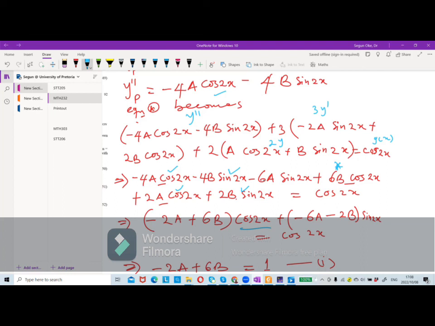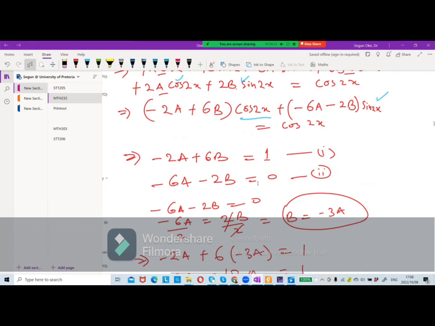You have negative 6a. Let's first of all take 6a. We have negative 6a. Then we have negative 2b. We cannot add a and b together. They are separate. That's why we separated them. So sine 2x here equals cos 2x.